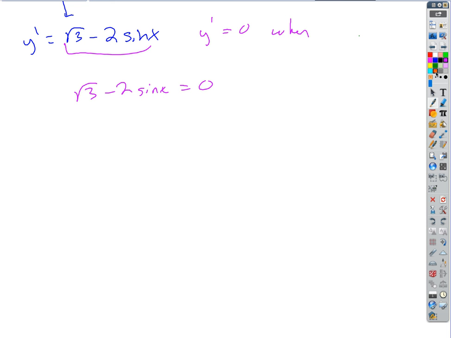The first thing you have to do is isolate the trig function that x is embedded in, right? So the first step is to isolate sine x. We could push that term to the other side.